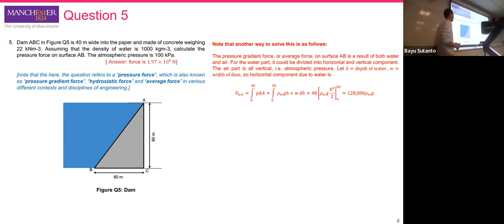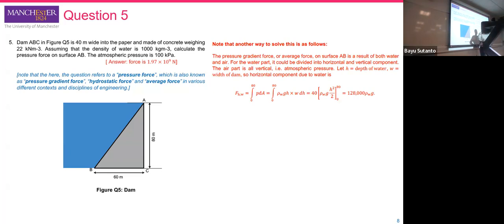Okay, after we have the formula, because it is a function of x, W, rho and g are fully constant, so we can take them out of the formula.